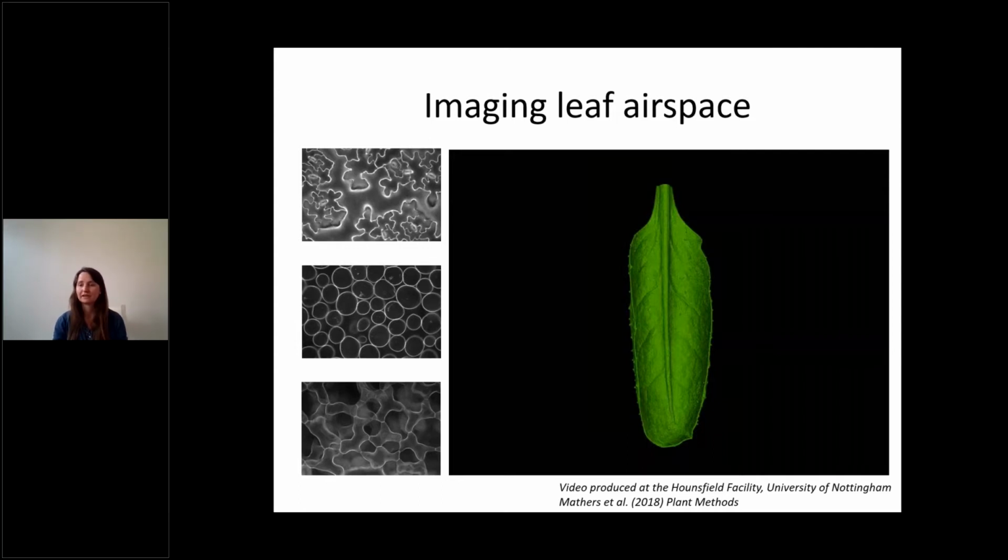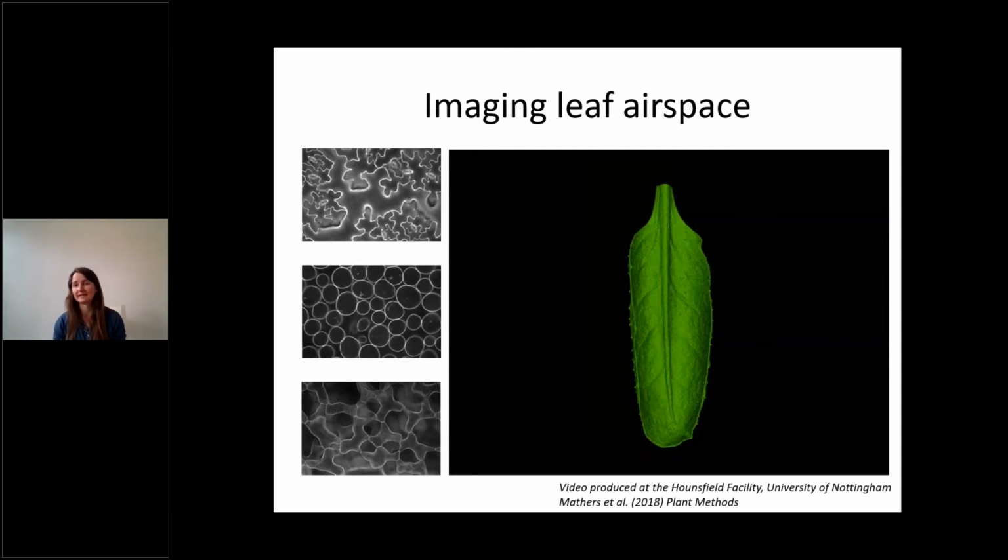And there have been some really interesting papers over the last 3 to 5 years showing that taking 2D sections of a leaf and then trying to infer 3D structure of the leaf and its properties is not a very reliable method. So it's much better, if at all possible, to image in a 3D way. So you're sectioning serially, whether that is by hand or by microscopy.